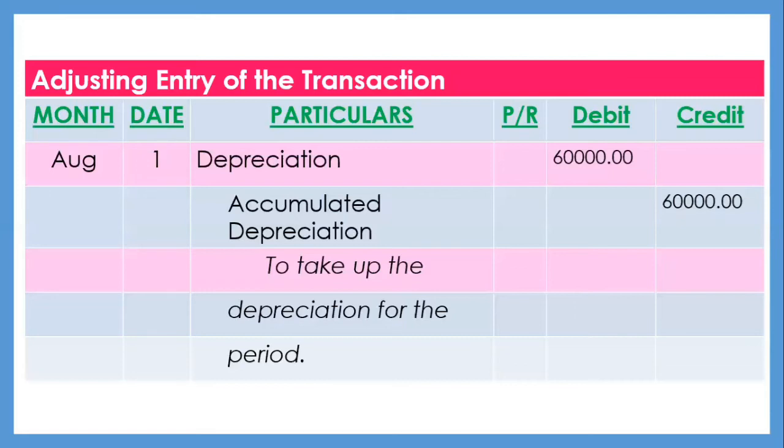This account is paired with a fixed asset line item on the balance sheet so that the combined total of the two accounts reveals the remaining book value of the fixed asset. Over time, the amount of accumulated depreciation will increase as more depreciation is charged against the fixed assets, resulting in an even lower remaining book value.